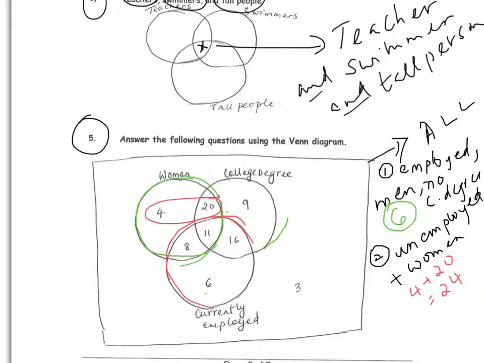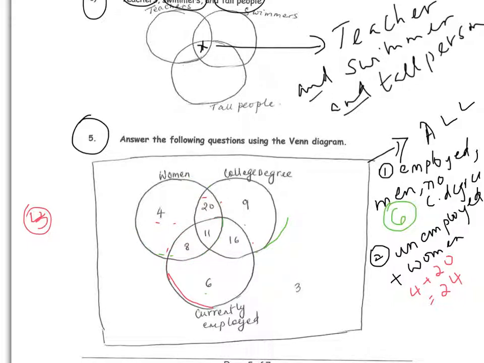The next question we need to answer is how many people at the conference are unemployed men without a college degree? So unemployed men. So the men have to be unemployed, okay, which means they have to be sitting outside of the currently employed people's circle.